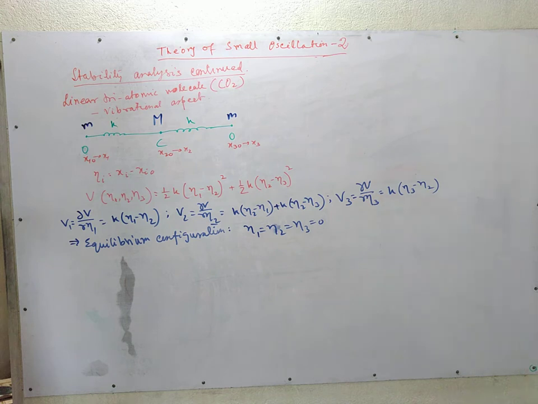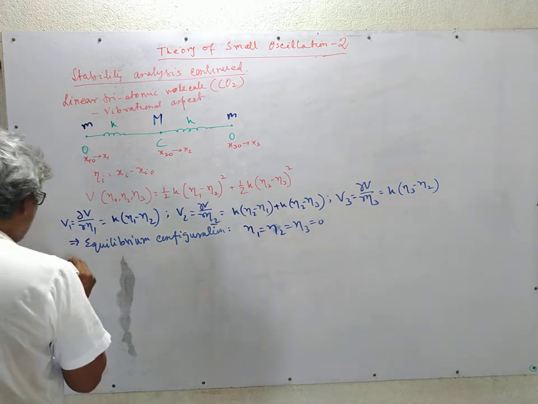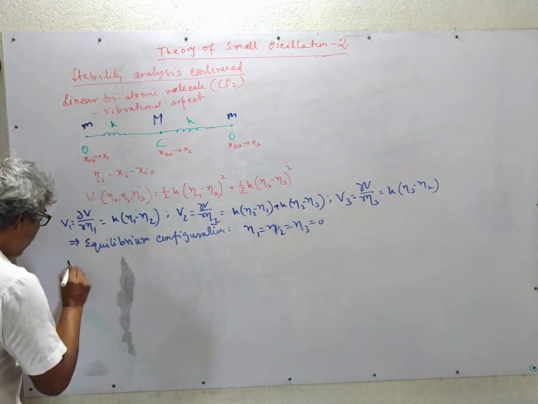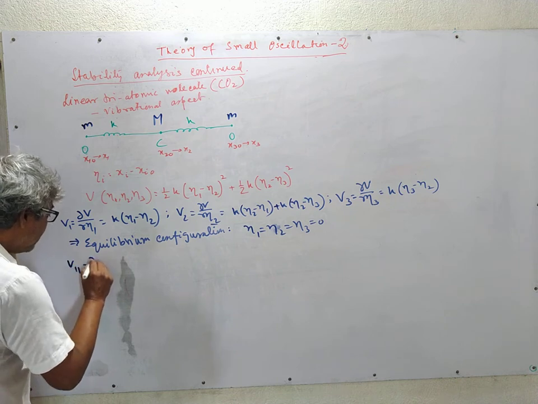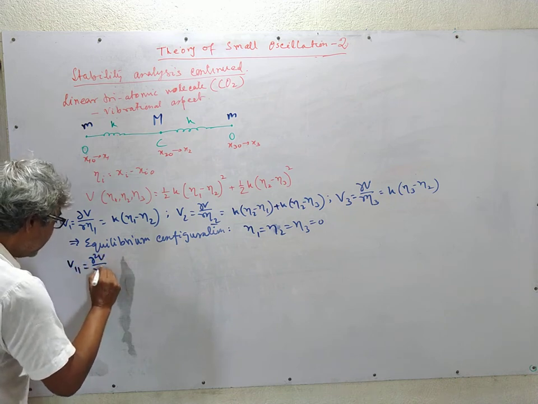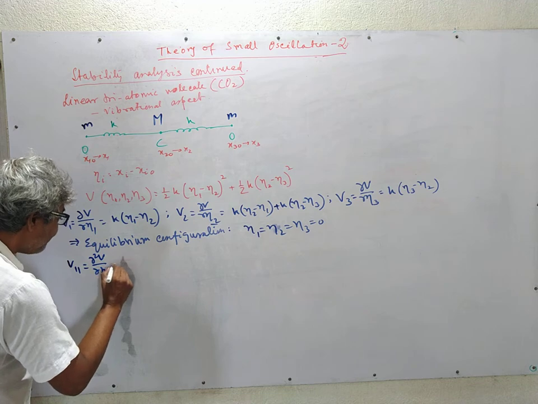Now our aim is to study the nature of this equilibrium configuration, whether it is a stable equilibrium or an unstable equilibrium. For that, we need to calculate the matrix elements of V, which are V11 equal to del 2 V del eta 1 squared.